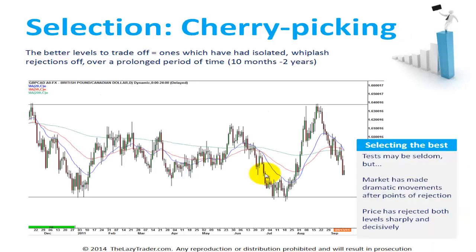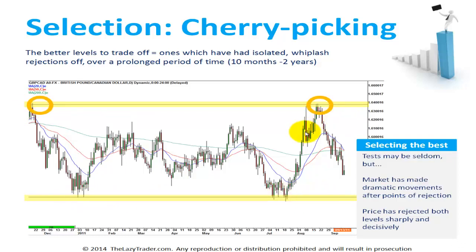Okay, so let's have a look at cherry picking, selecting the best and leaving the rest. And the best levels of supply and demand to trade off are essentially the ones which have had whiplash, isolated reactions off over a prolonged period of time. Like for example, we've got this level of supply here and demand here, representing the level of support.